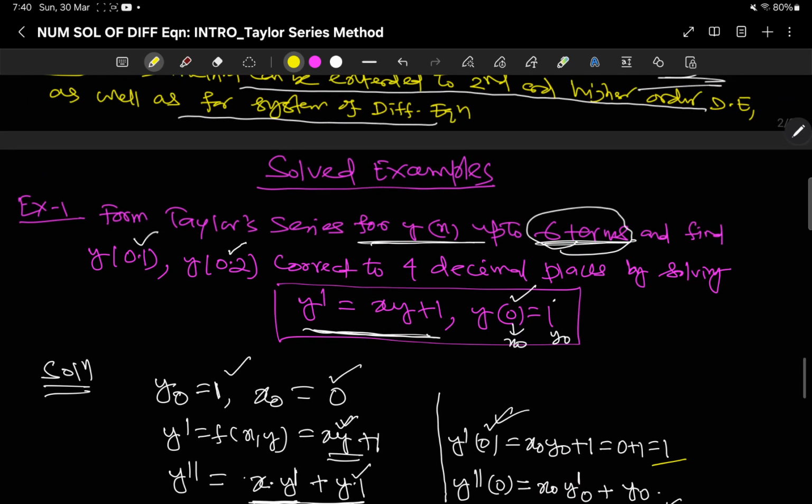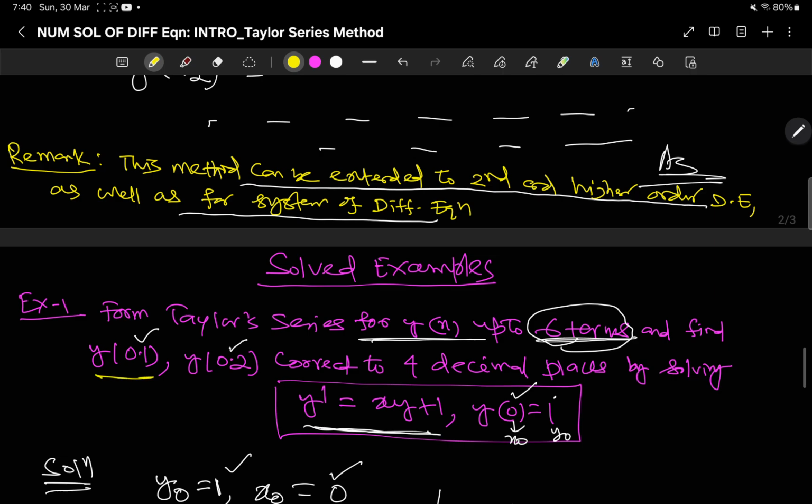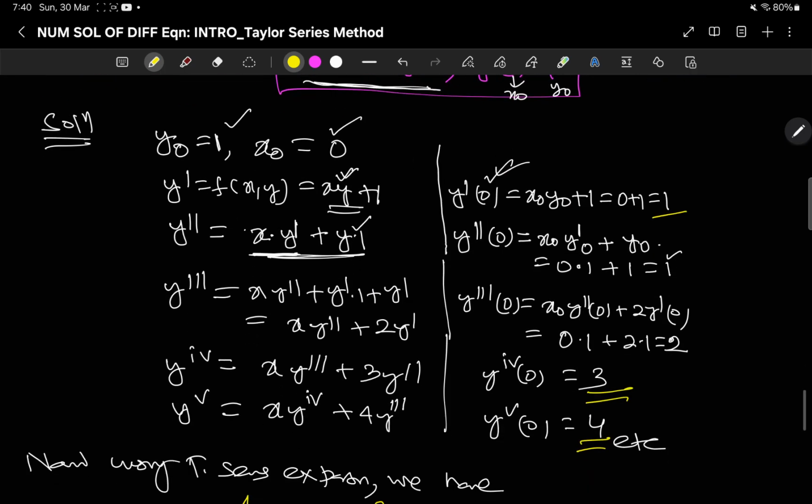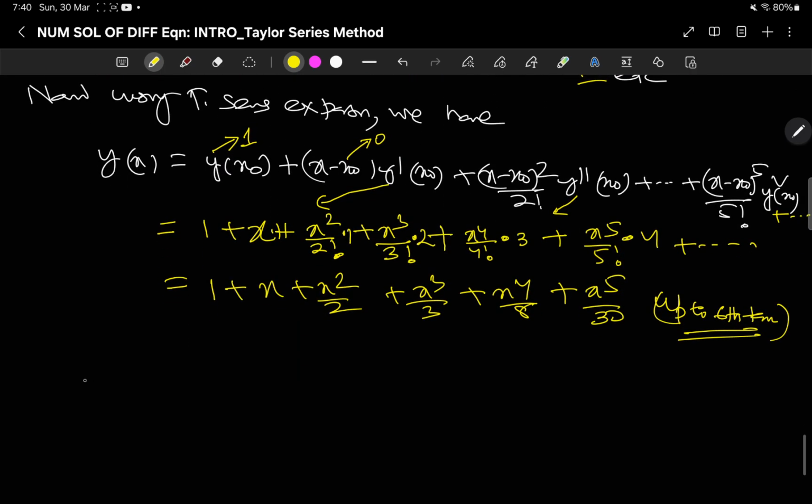So subsequently we are asked to find y at the point 0.1 and y at the point 0.2. So what is my y?